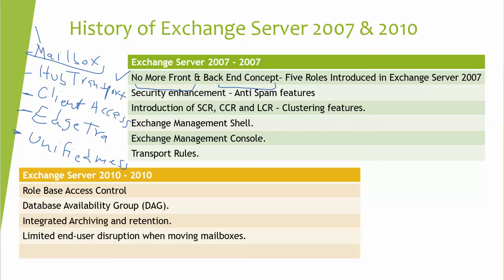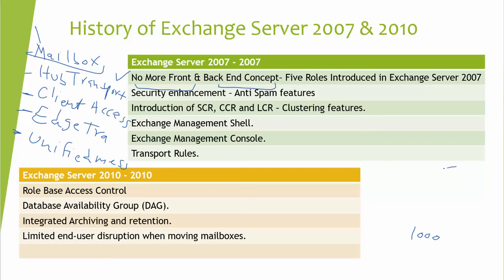So let me quickly give you an example. If you have a company where you have 1000 user accounts and all of them need a mailbox, and your company says that I can only buy 2 servers to do the implementation of Exchange Server 2007.